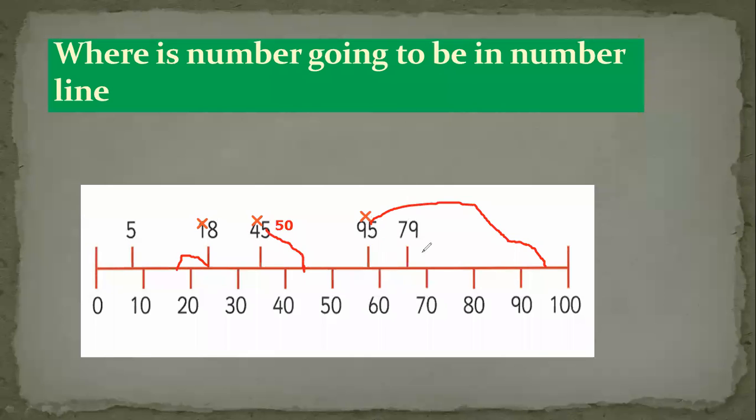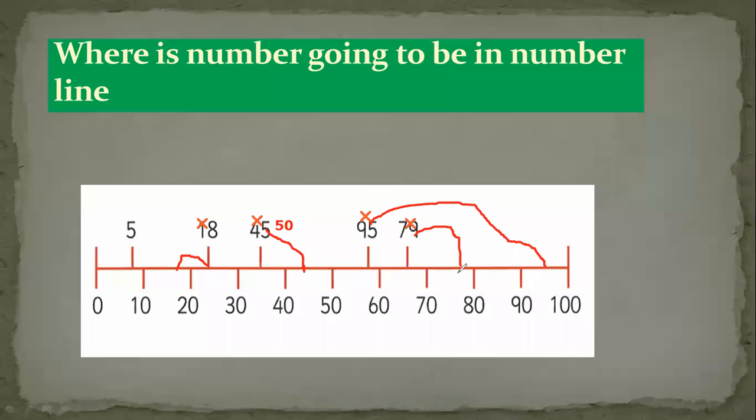Okay. The next number is 79. 60 and 70? No, it is more than 60 and more than 70. So its place will not be here. Where we are going to put it is between 70 and 80.